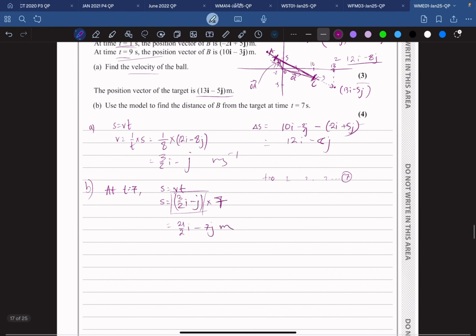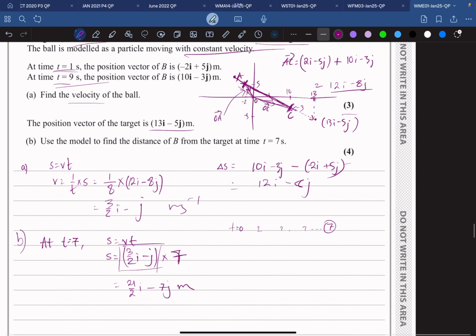That's where we're at right now. And we're concerned about the distance. Wait a second, this just doesn't look right. No, actually, I think it's fine. It probably is fine.